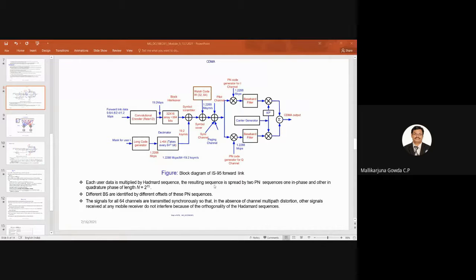The resulting sequence will be spread by 2 PN sequences, in-phase and quadrature phase. Then different base stations are identified by different offsets of these PN sequences. The signals for all the 64 channels are transmitted synchronously so that, in the absence of channel multipath distortion, other signals received at any mobile receiver will not interfere because of the orthogonality of these Hadamard sequences.